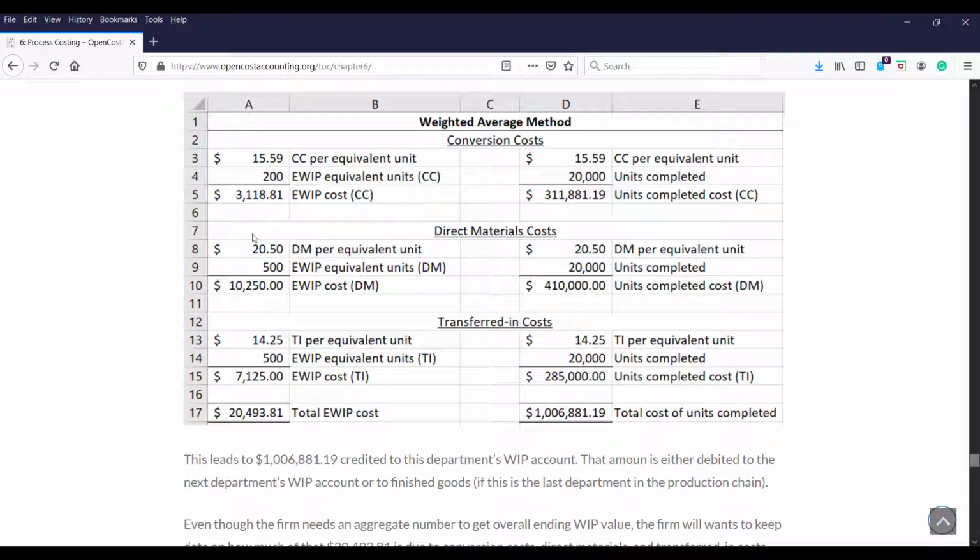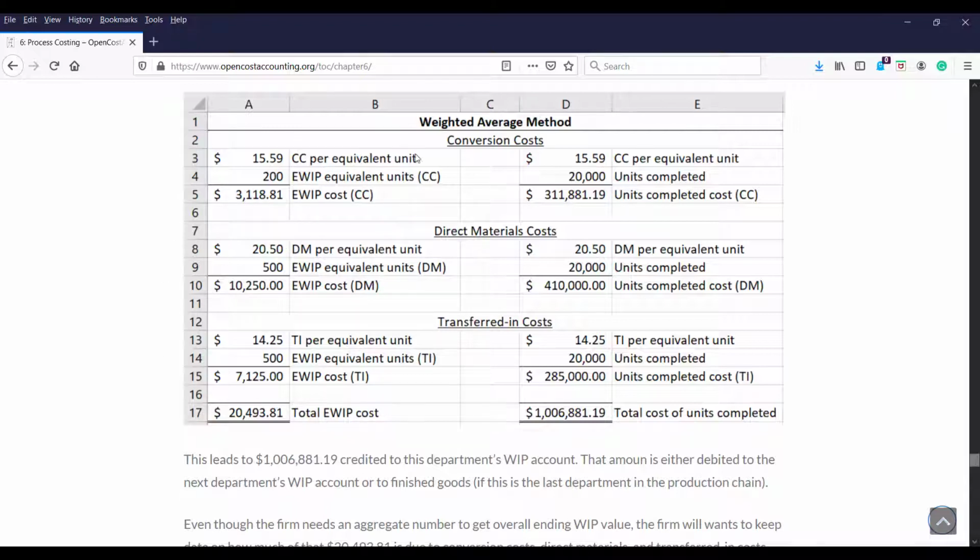We have different rates because we sometimes have different numerators and denominators, but the procedure you follow is the same, between categories of cost: conversion cost, direct materials, and transferred in cost. You're multiplying rate by equivalent units in the category to get cost.